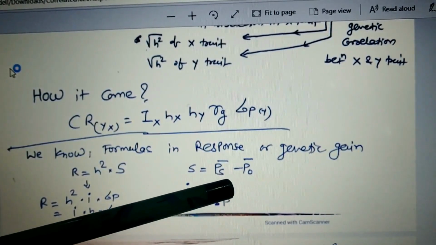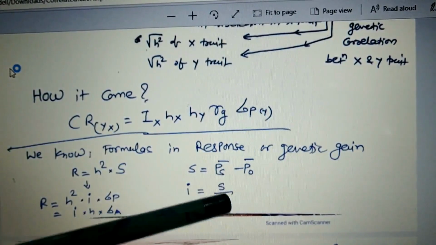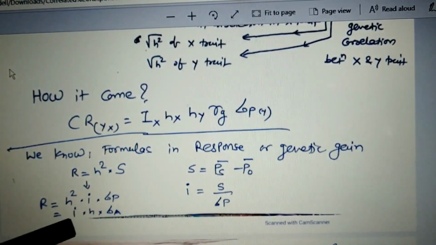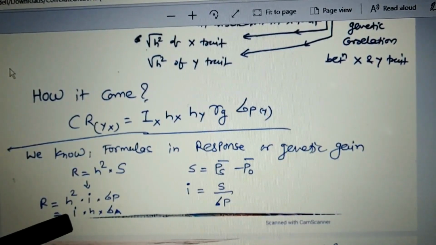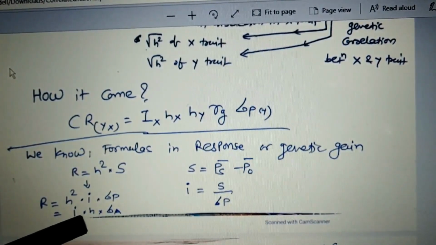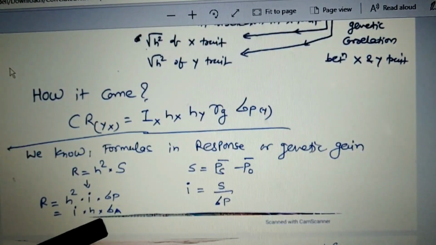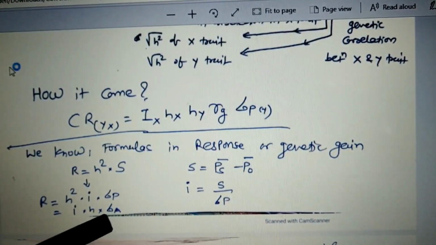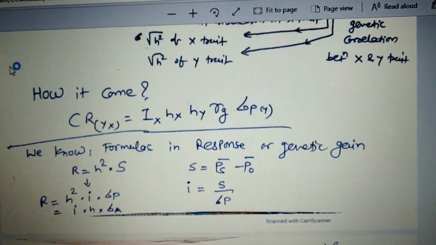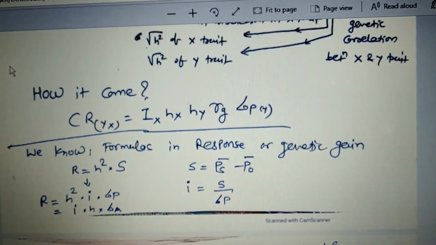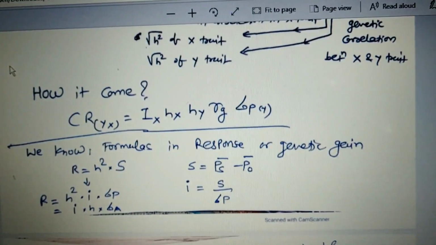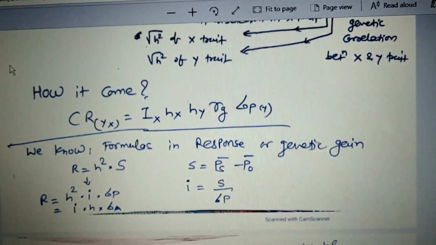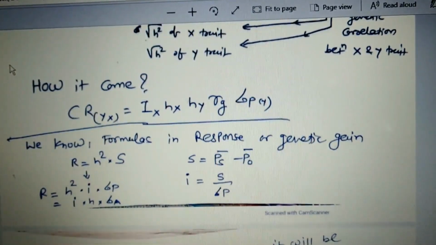So this selection differential is equal to I into phenotypic standard deviation. And again we can simplify this formula. This h is equal to sigma A divided by phenotypic standard deviation, where A is the genetic variability in the population. S, you know, is PS minus P0 bar, and intensity I is equal to selection differential divided by phenotypic standard deviation.